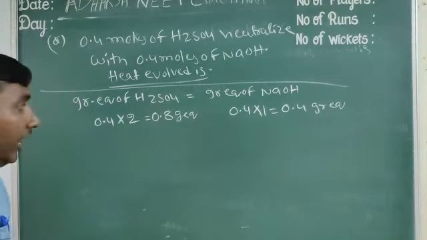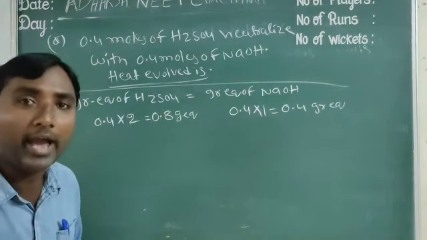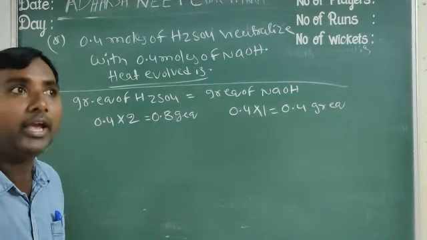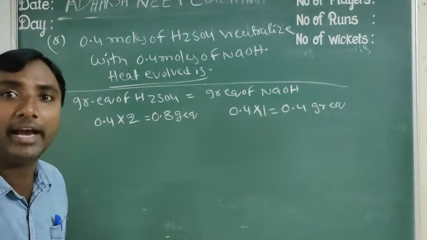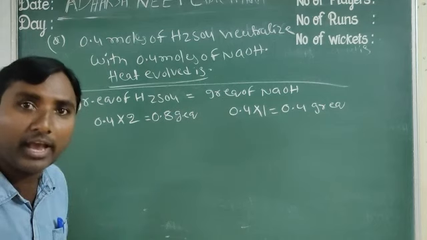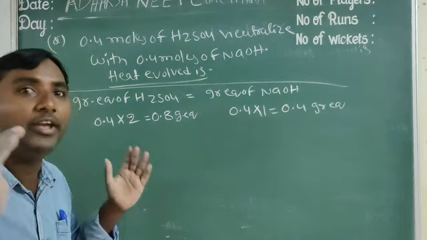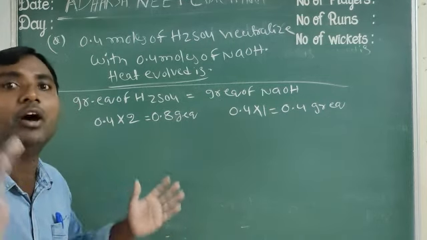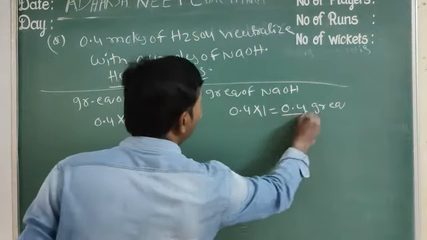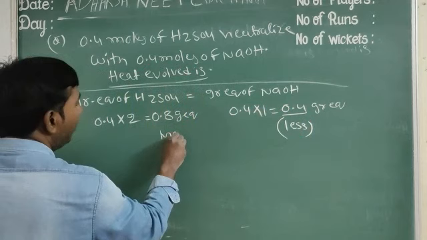How to calculate? Whenever acid and base have two different gram equivalents, we consider the lesser number of gram equivalents. Here NaOH is less and the acid is more, so only the less is considered.